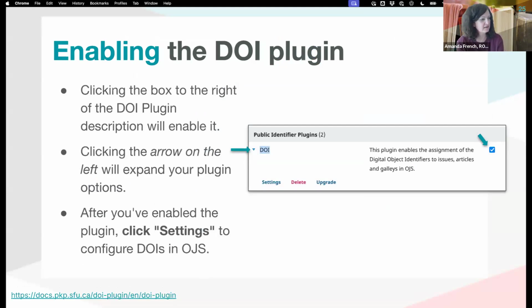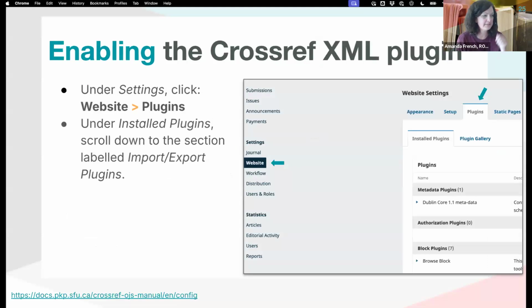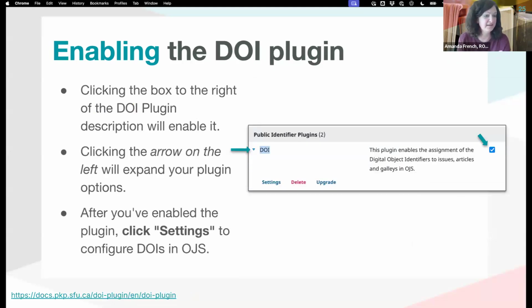You can click the little blue arrow on the left to get to the settings, and then you can configure them. You'll have to enter things like your Crossref account credentials. I won't go over this configuration in detail right now.